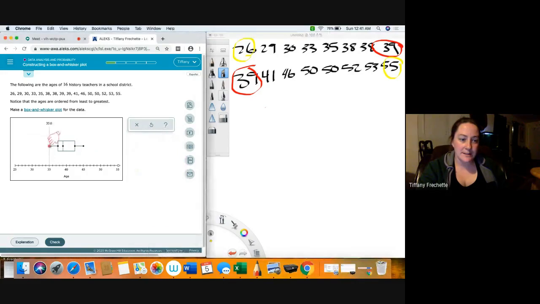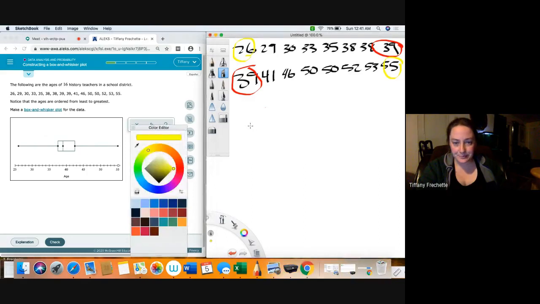So I'm going to come over here and drag this down to 26, and drag this up to 55, which is all the way at the end here. And you can always make sure that the number floating at the top above the hand says the number that you're looking for, just to make sure you're not trying to guess that one.